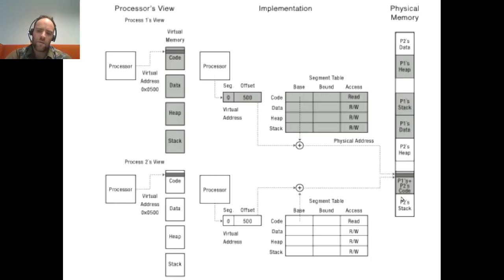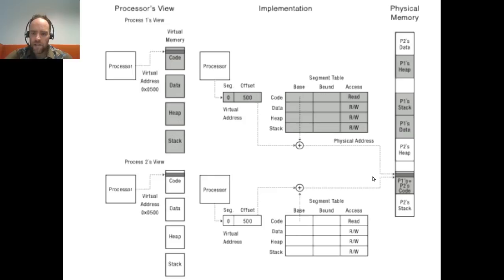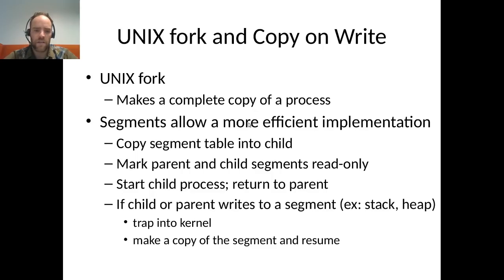So that means, under this kind of Unix fork copy-on-write implementation, one of these processes has attempted to modify its stack or its heap. So therefore, we do need to do this copy. So if a parent or a child writes to a segment, for example the stack or the heap, we trap in the kernel, make a copy, and resume.